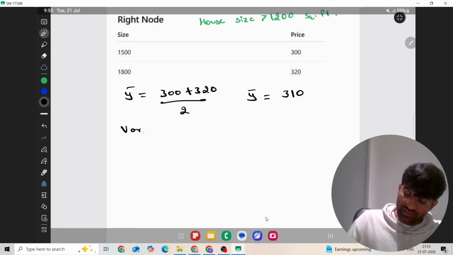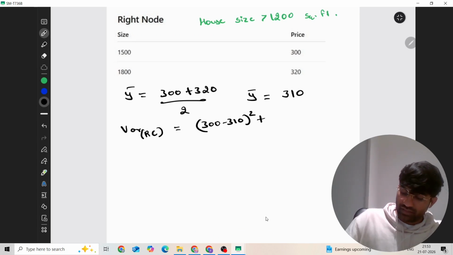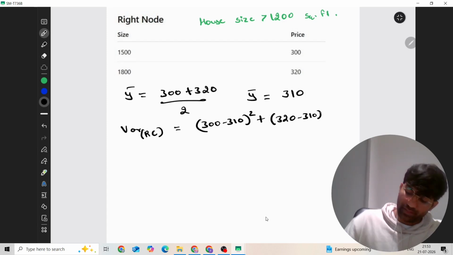And variance of right child is equal to 300 minus 310 square plus 320 minus 310 square, divided by 2, which is equal to 100.